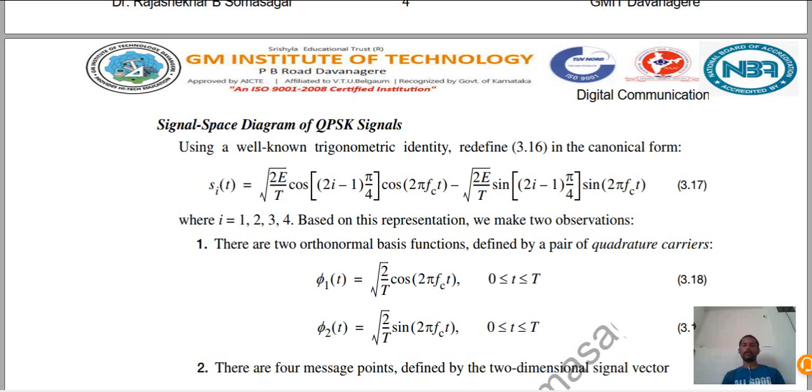The first quadrature carrier, phi 1 of t, also called an oscillator, is phi 1 of t equal to square root of 2 by T cos 2 pi fc t.